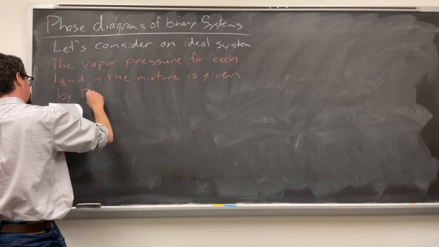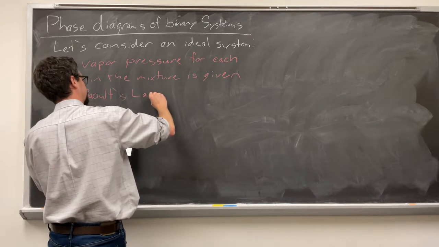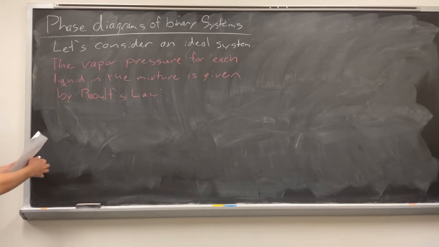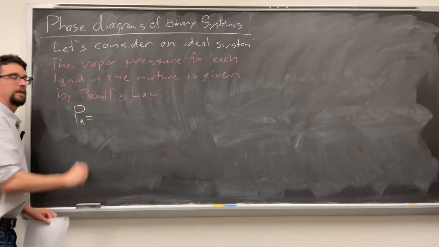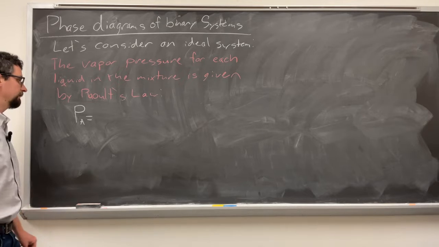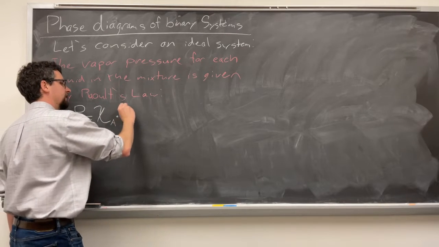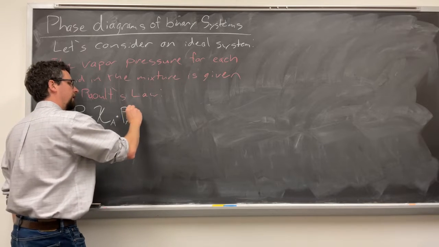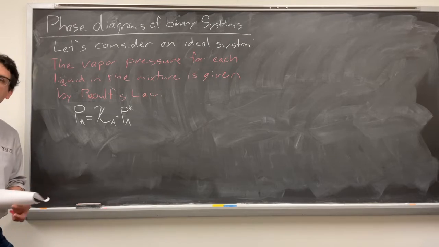Where we have the pressure of A in our system is equal to the mole fraction of A times the pressure of pure A. So those stars, that means pure A.